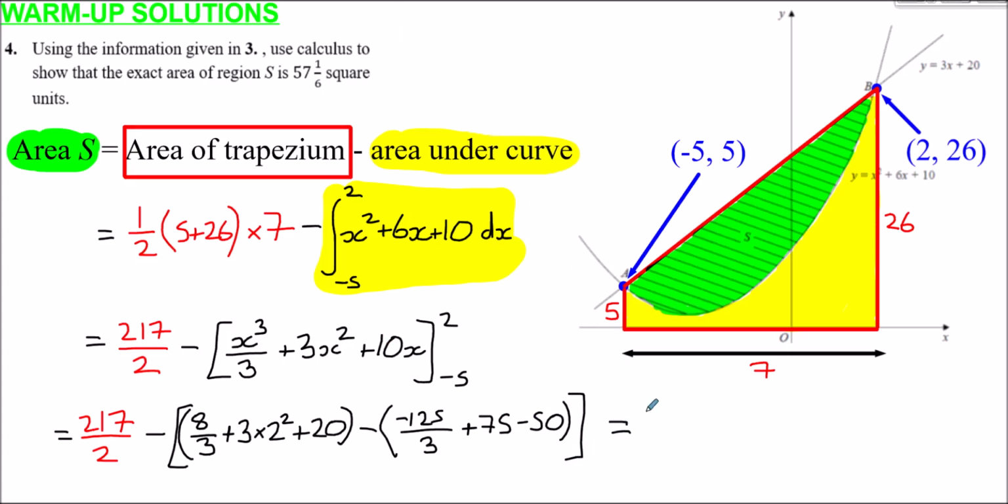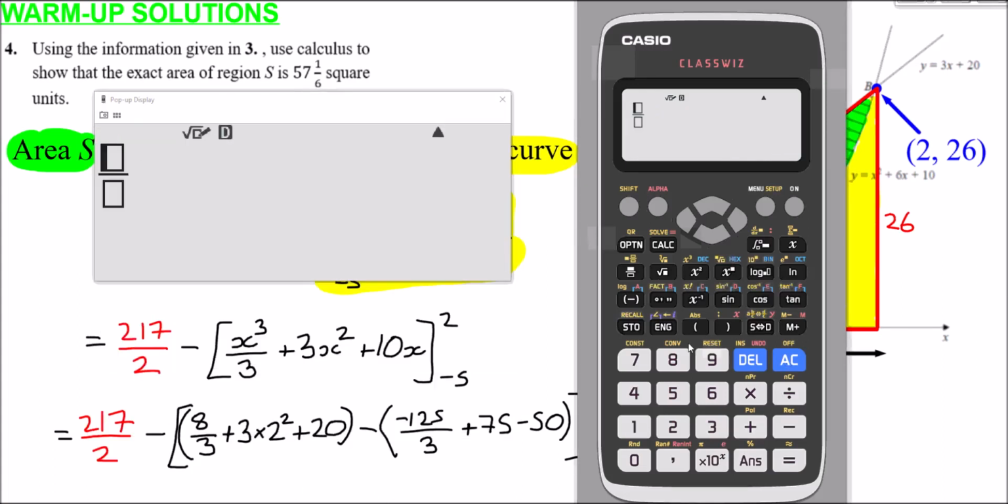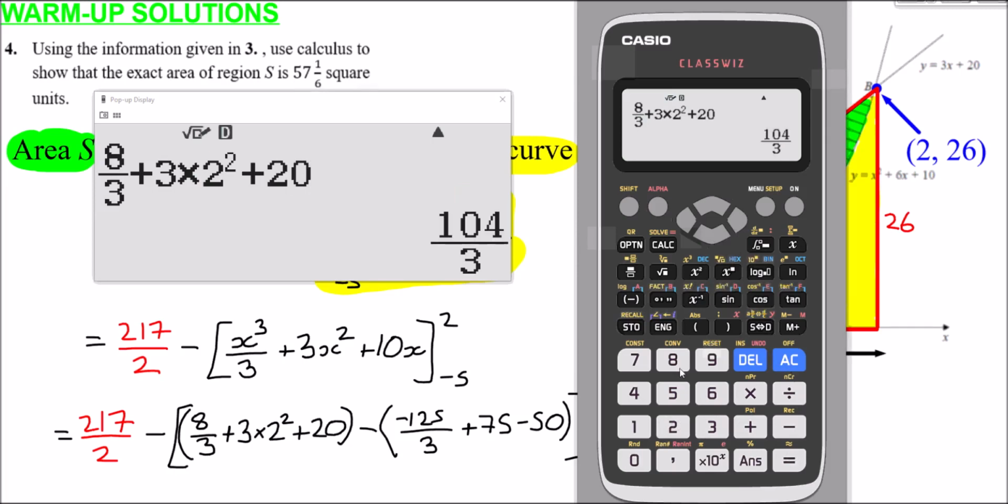So this will give us 217/2. Then this here, 8/3 plus 3 times 2 squared plus 20. Let's work that out. So 8 over 3 plus 3 times 2 squared plus 20 gives us 104 over 3.